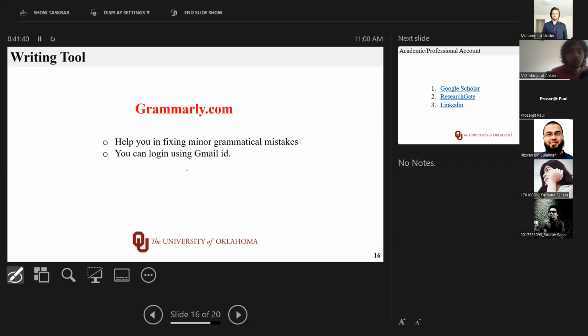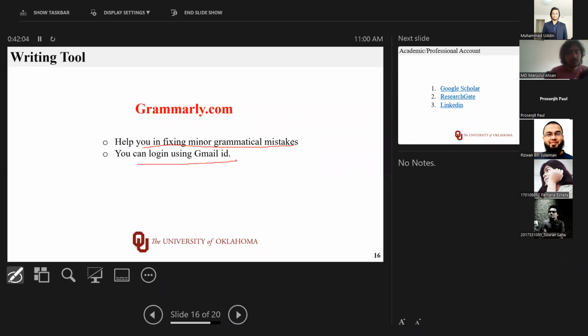I know many of you know this, but for people who are writing, there's grammarly.com. You can use it for free with your email ID, and you can log in using your Gmail ID. It will help you fix your minor grammatical mistakes. There is also a paid version.